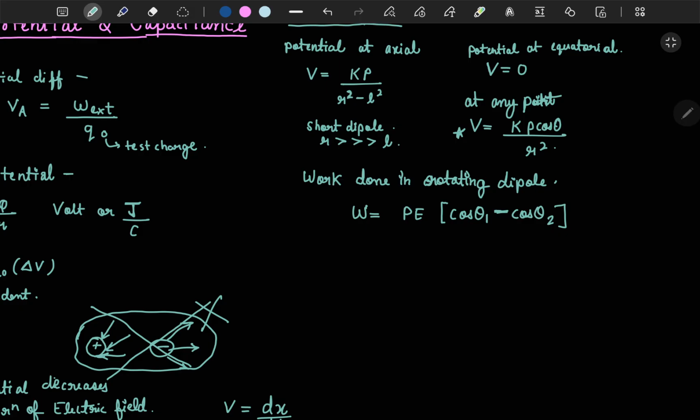So if we put minus of minus pE cos theta 2 minus of minus pE cos theta 1, on solving it we will get pE times cos theta 1 minus cos theta 2. So this will be the answer.